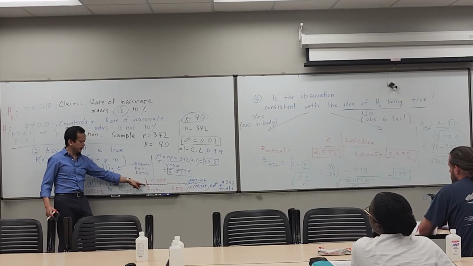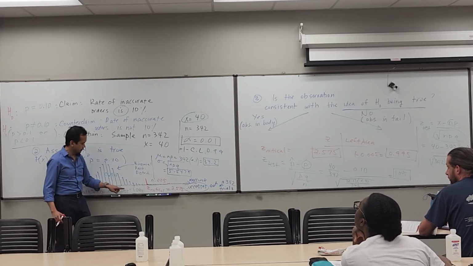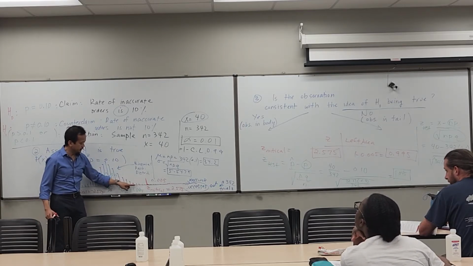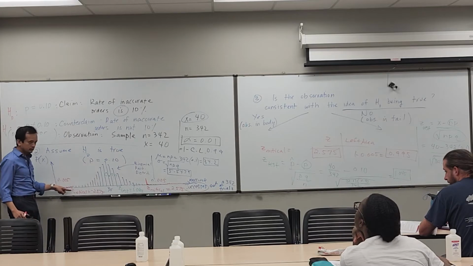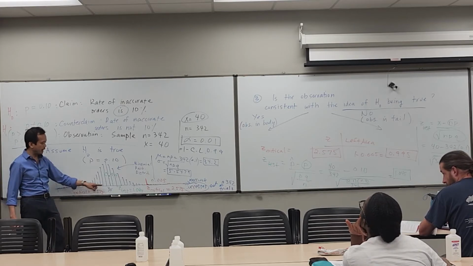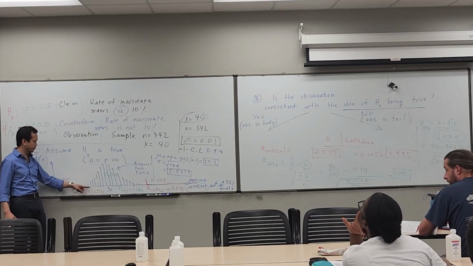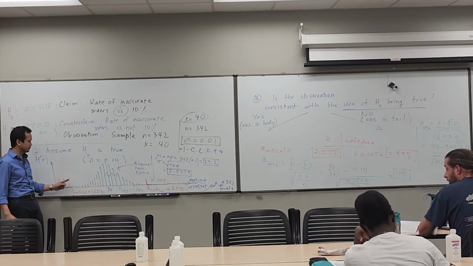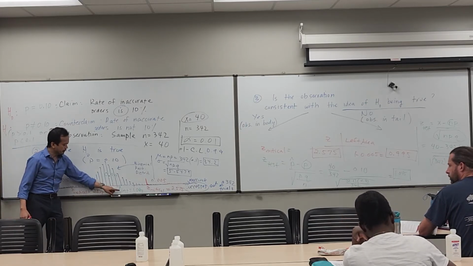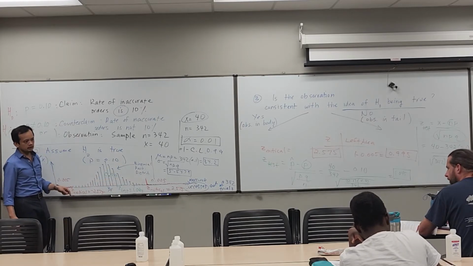Because it's to the left of where the right tail starts, it can't be in the right tail. But could it be in the left tail? No, because the left tail is everything to the left of negative 2.575, but we're at positive 1.045, so we have to be to the right of where the left tail starts. So the observation can't be in the left tail and it can't be in the right tail, so therefore it's in the body of the distribution.